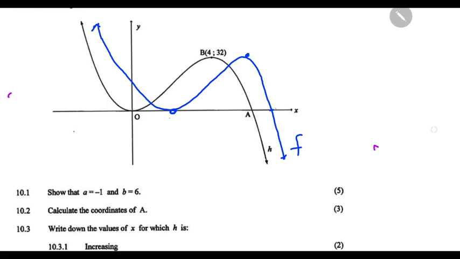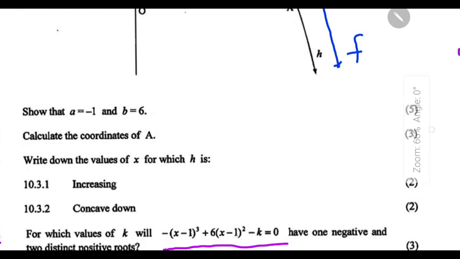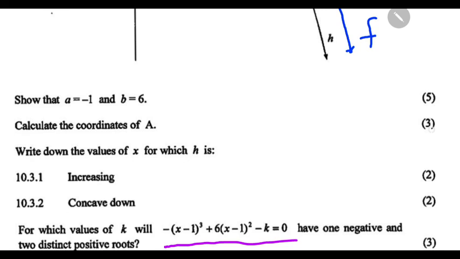Now I need to give the answer in k values. So remember, in h of x, add 1 and then it becomes f of x, because the graph shifts 1 unit to the right, a horizontal shift.